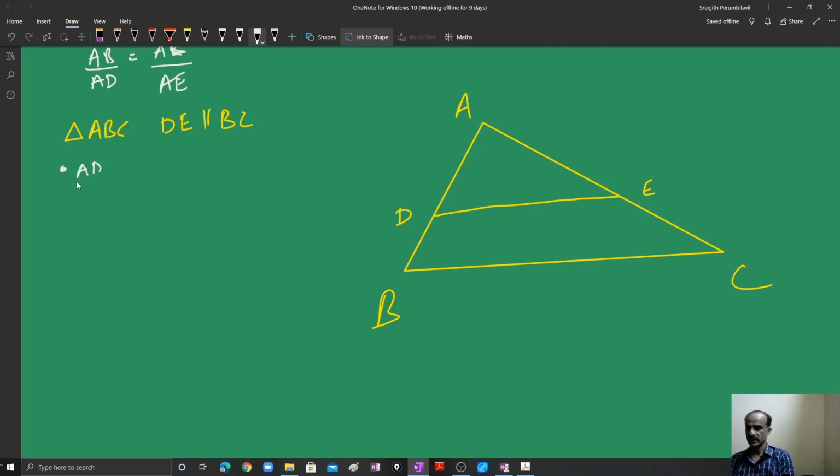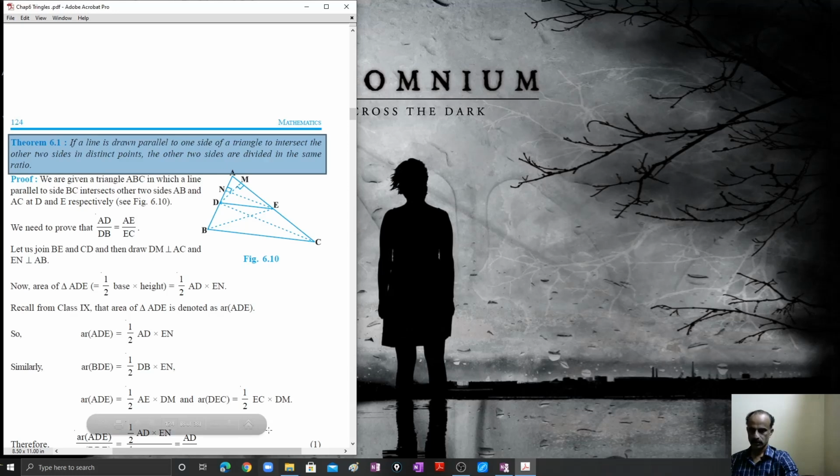We can say AD by DB is equal to AE by EC. First thing, the upper part by the lower part, upper part, lower part. Got it? Second thing, the whole thing by the lower part.